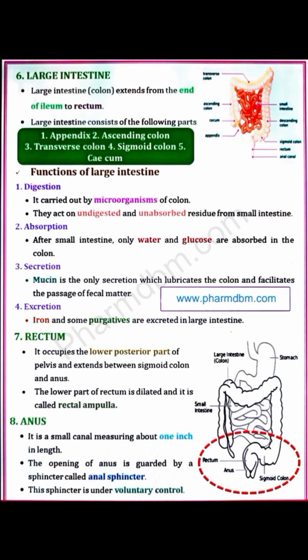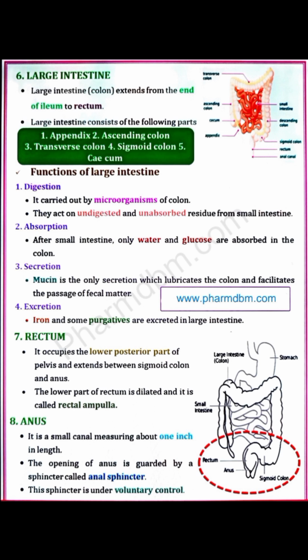Large intestine. Large intestine, colon, extends from the end of the ileum to rectum. Large intestine consists of the following parts: appendix, ascending colon, transverse colon, sigmoid colon, caecum. Functions of large intestine. There are four functions: digestion, absorption, secretion, excretion. Digestion is carried out by microorganisms of colon.